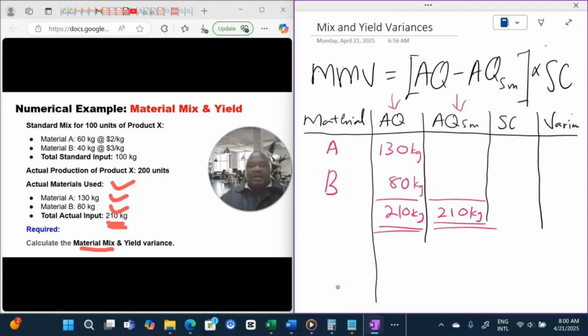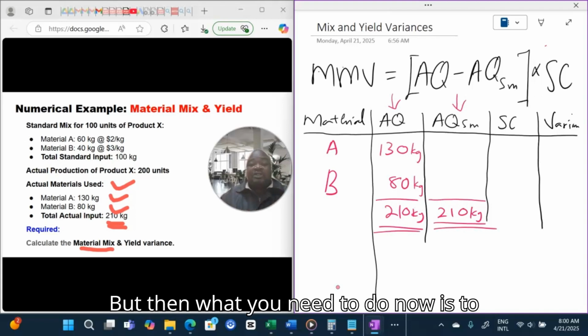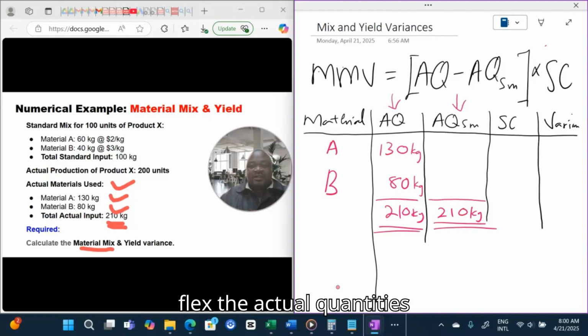But what you need to do now is to flex the actual quantities in relation to the budget. In that way, we are saying we need to ensure the budget fits the actual performance.